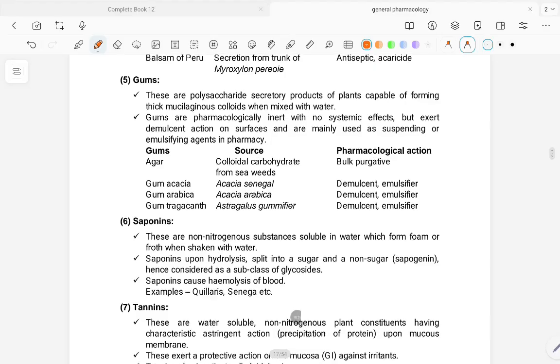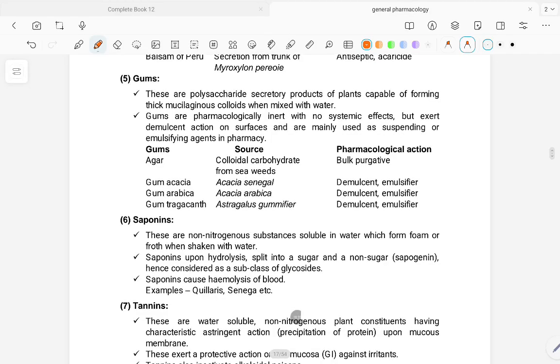Gum. These are polysaccharide secretory products of plants capable of forming thick mucilaginous colloids when mixed with water. Gums are pharmacologically inert with no systemic effect, but exert a demulcent action on surfaces and are mainly used as suspending or emulsifying agents in pharmacy.